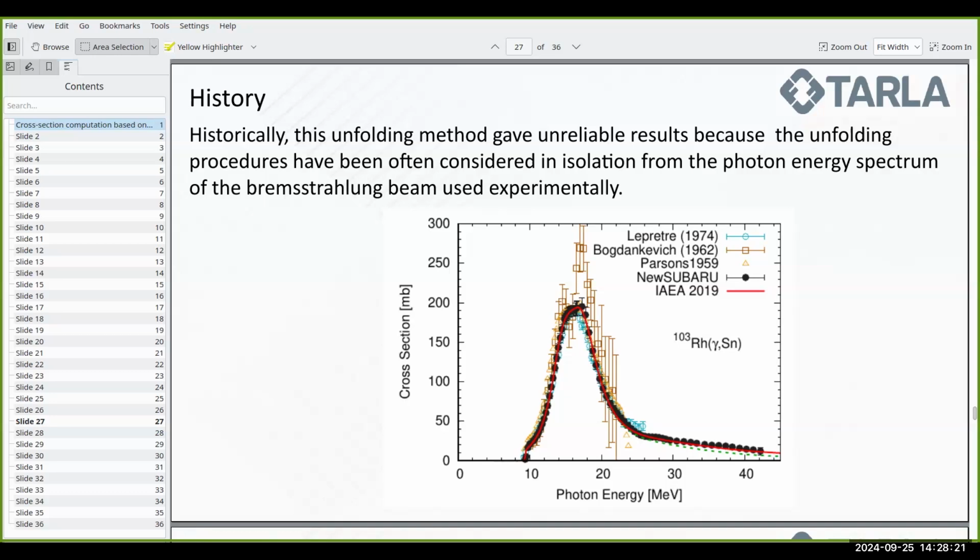All the other older results from 59, 62, and 74 are all Bremsstrahlung, but you can see the squares have this oscillating pattern as well as exploding errors as you go higher and higher in energy, because each of the errors that you incur at energies of, let's say, 10, 11, 12 MeV propagates to your 20 MeV error, because you have actually taken a solution of an integral equation going from 10 to 20.